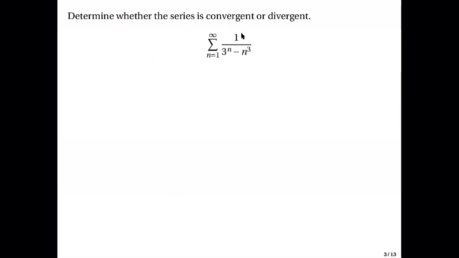So, we have the series 1 over 3 to the n minus n cubed. Okay? So, kung iisipin nyo yung magiging bn natin, of course, automatic, ito na lang gamitin nating bn. Yung magiging bn nyo, it will be 1 over something.